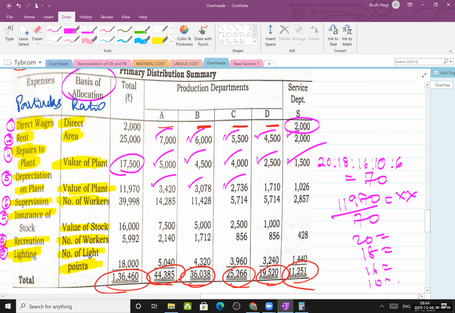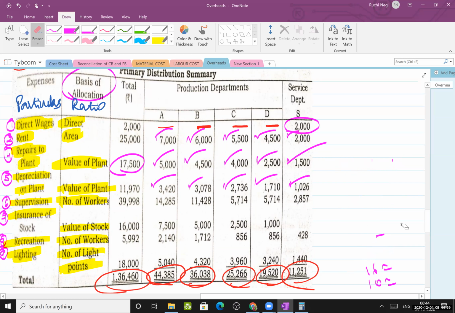Type 10 plus equal to 1710. And last type 6 and press equal to 1026. Okay. Am I clear with the steps? How to do the shortcut way? Very, very important from examination point of view.